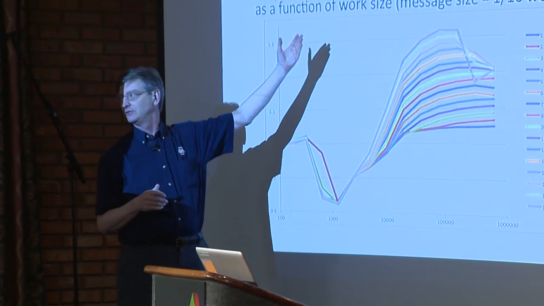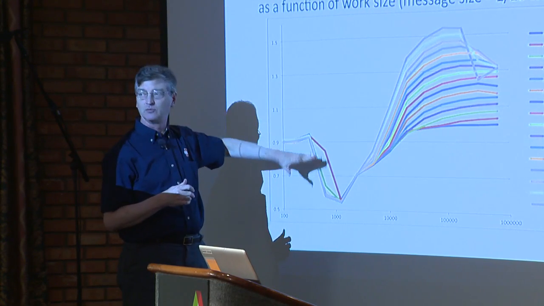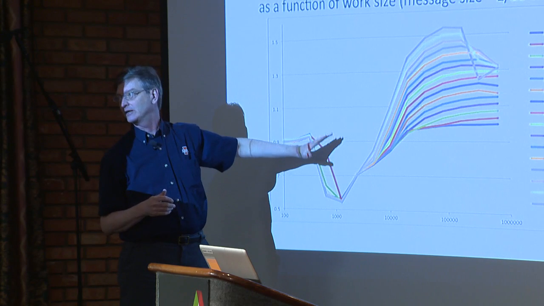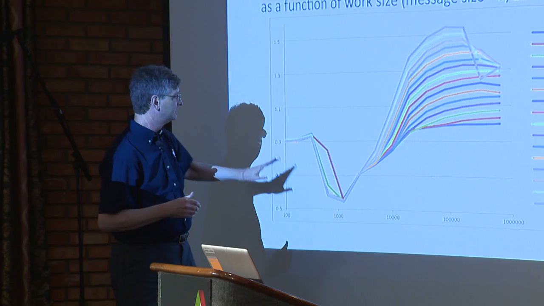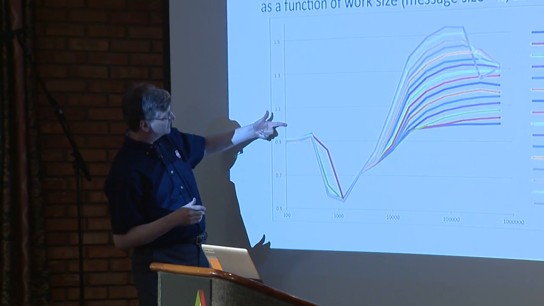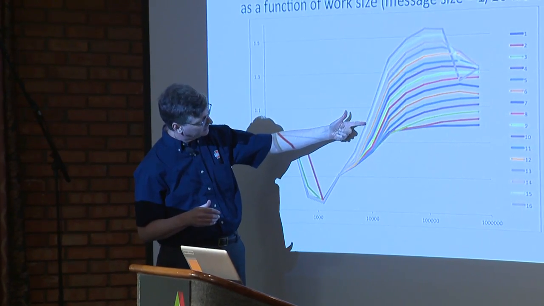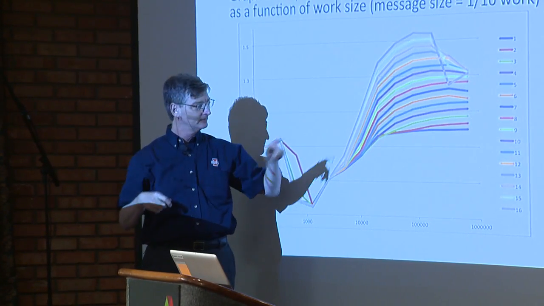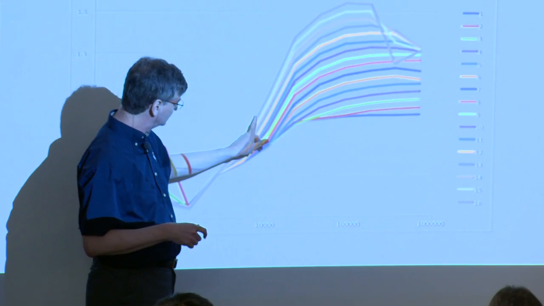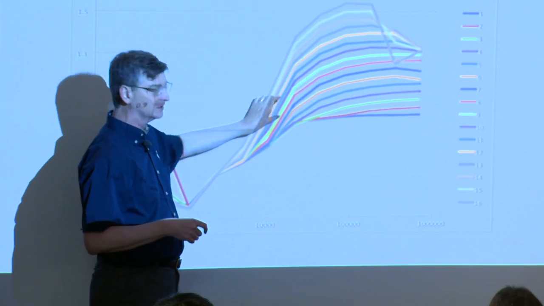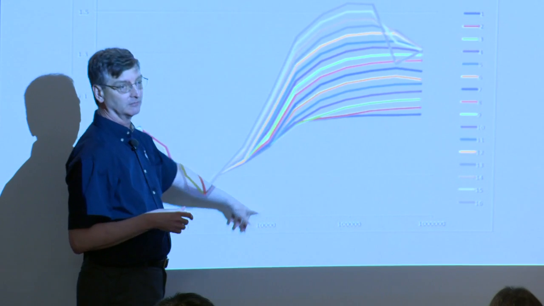Higher than 1, you've accomplished something, you're getting communication computation overlap. Less than 1, your attempt at overlapping communication and computation is slowing things down. This is sort of interesting because 1 is here. For this test on the BlueGene, you had to be out at about 10,000 ints worth of data before you started to pick up a benefit from doing the communication computation overlap, which I found bizarre.